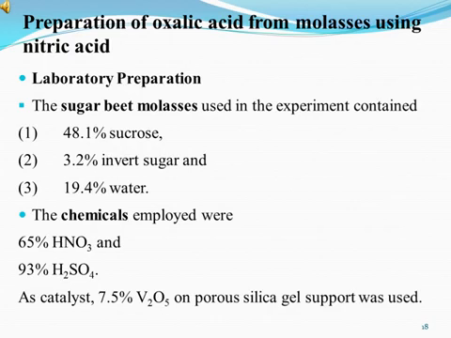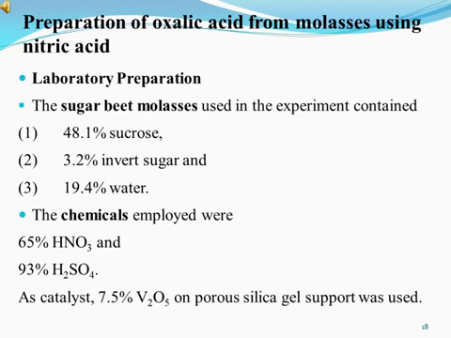The chemicals employed for the preparation of oxalic acid from molasses using nitric acid are 65% nitric acid and 93% sulfuric acid. Besides this, a catalyst is also required.